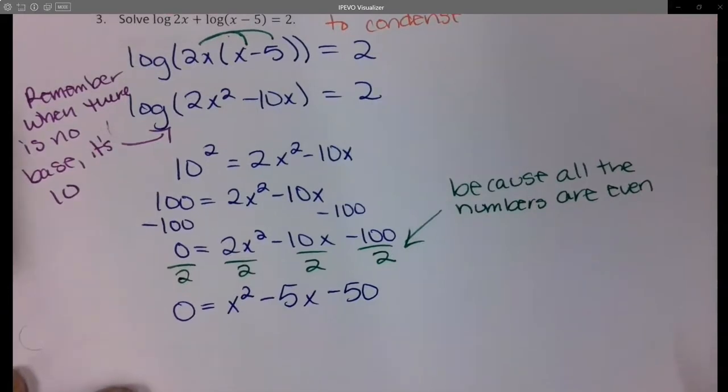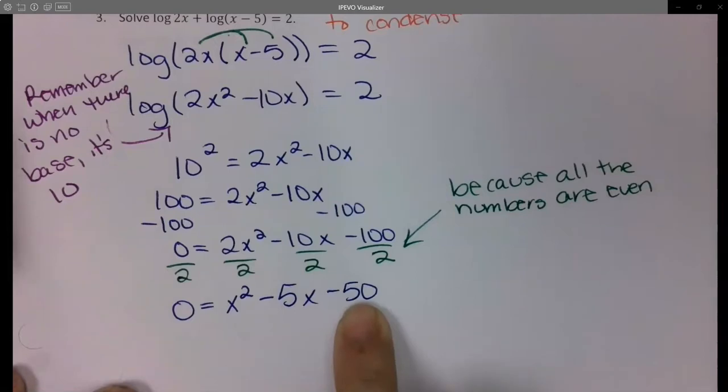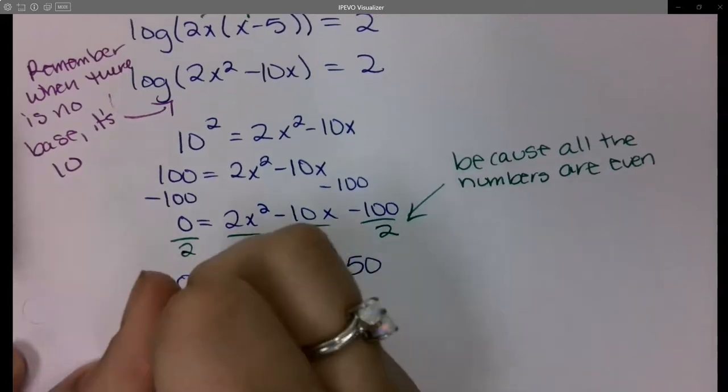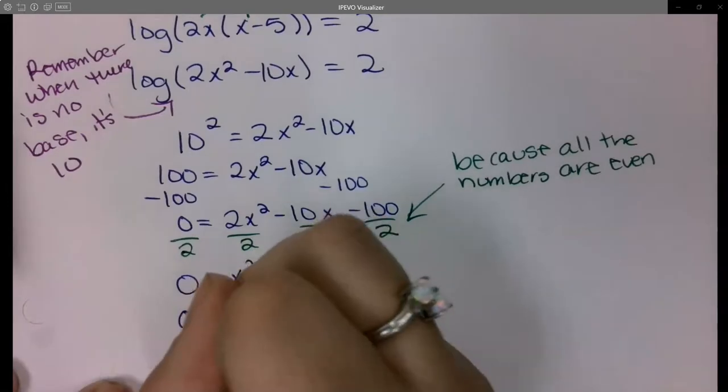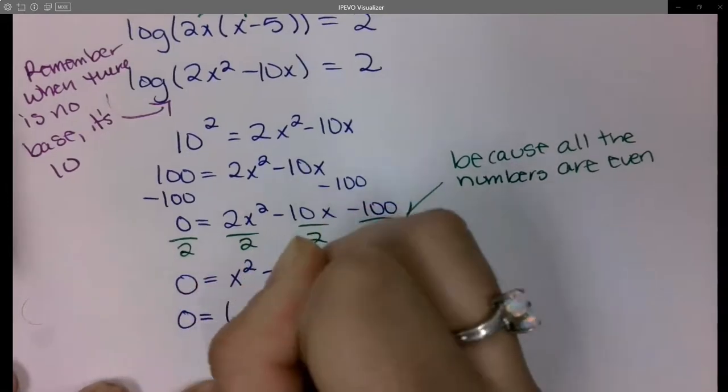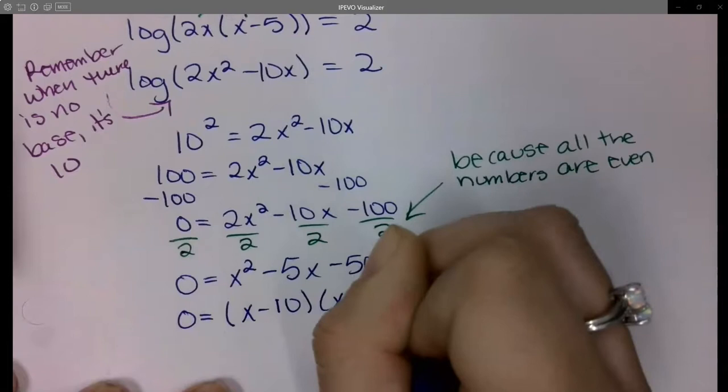Then I want to factor. I'm looking for what multiplies to negative 50 and adds up to negative 5. You guys have any ideas? Close. Negative 10 and positive 5.